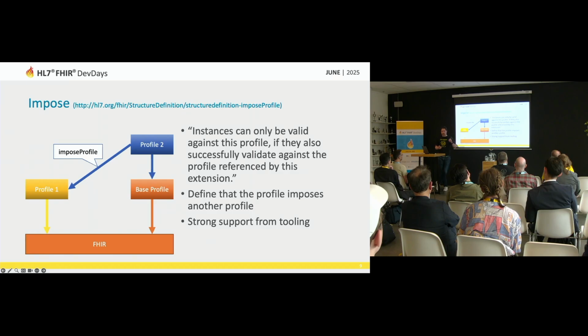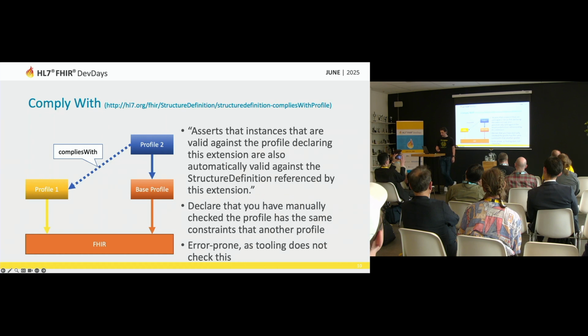The strongest one is impose profile. That's an extension you can have on your structure definition, on your profile, saying that we inherit from this base, and then impose another profile. And the tooling supports this really well. So you get all the benefits of the IG publisher and validator saying that this is compliant or not.